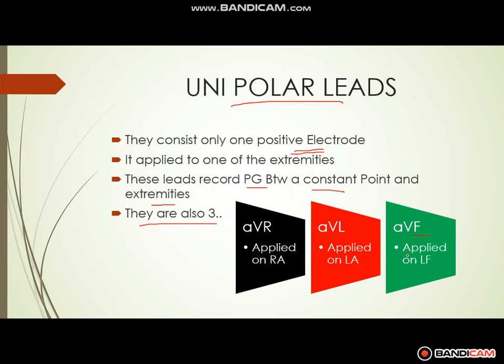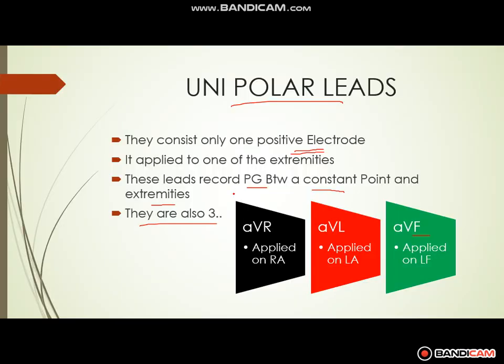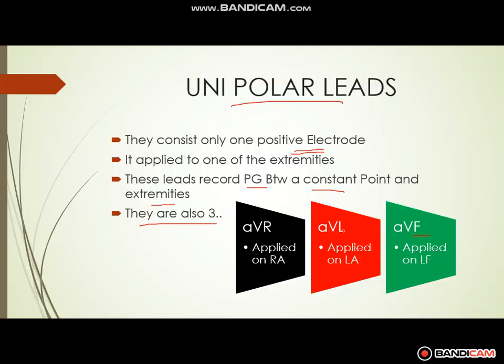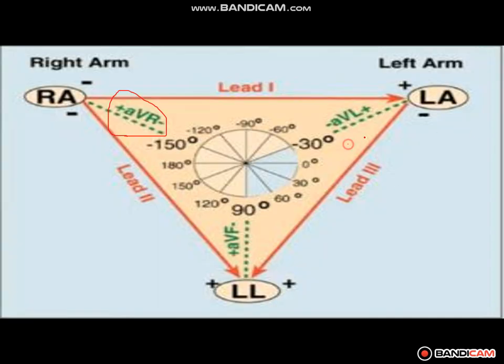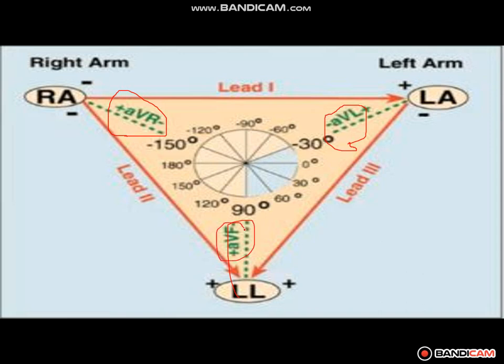Usually again we have three of these leads, AVR, AVL and AVF. You should only know where they are applied. AVR, R is for right, applied to the right arm, and AVL, L is for left, applied to the left arm, and F is for foot, applied to the left foot.